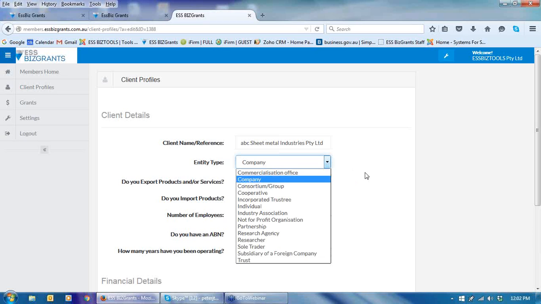It is a company, but it could have been identified as being any of these other types of entities. One of the very important points with government grants is that not every type of entity is eligible for every grant. In fact, the only entity category that is basically eligible for every grant is a company.